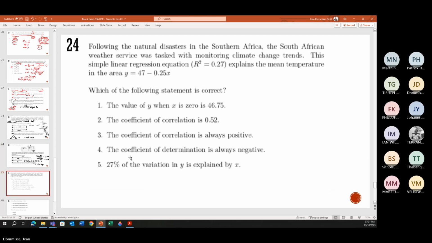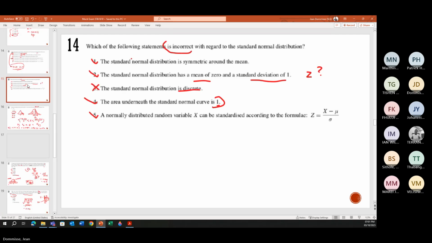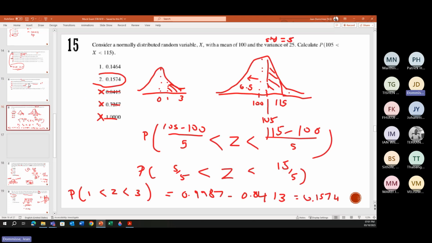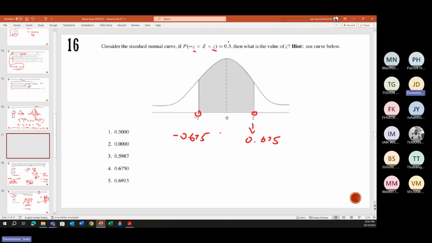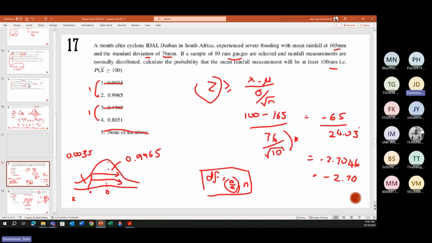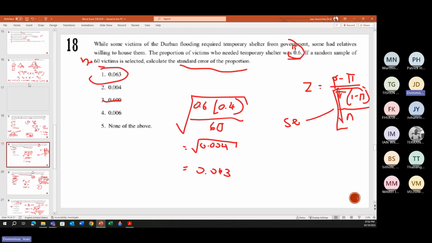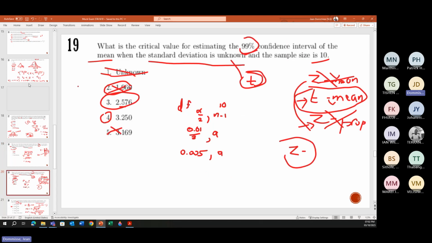Okay, so last two questions. If you look at nearly the last few that we did today: 14, I wouldn't have used Excel. 15, I wouldn't have used Excel. 16, also would not have used Excel. 17, I might have used Excel, but again, not needed. 18, I only needed to work out the standard errors, so again, probably would not have used Excel.